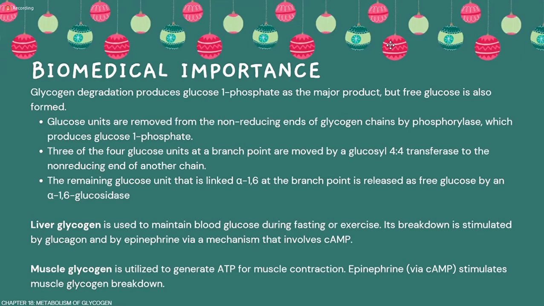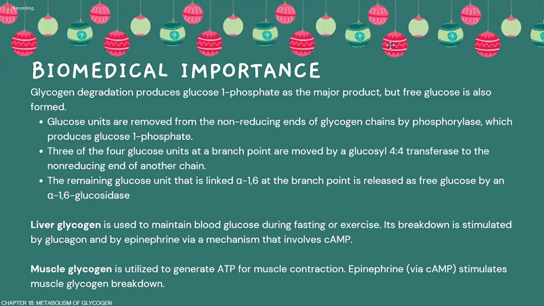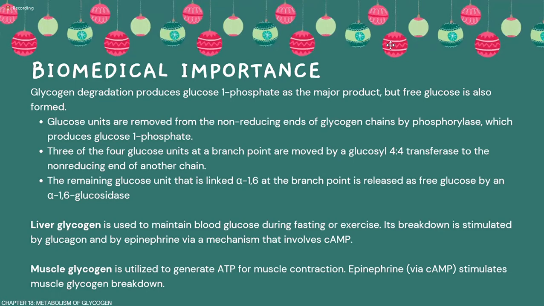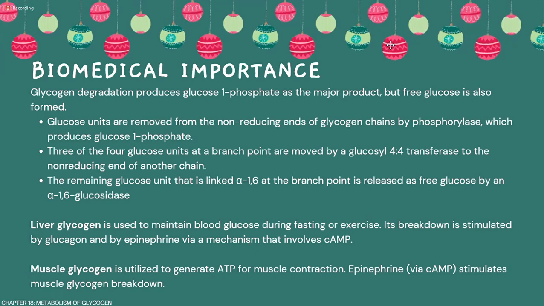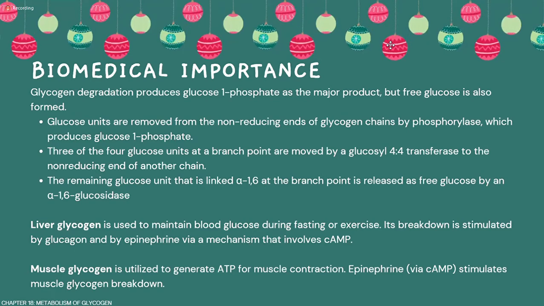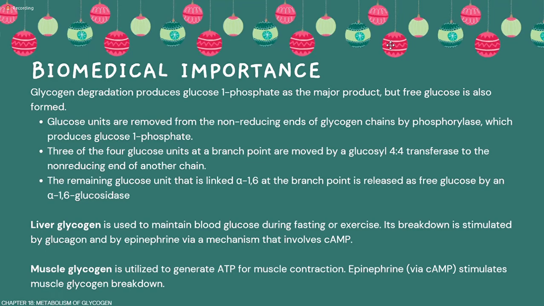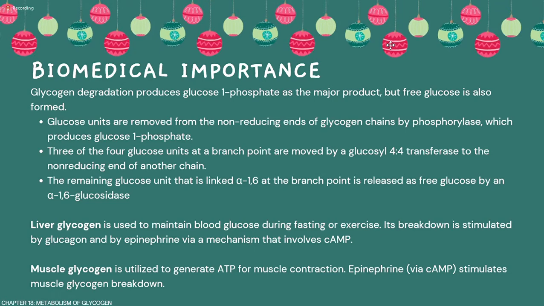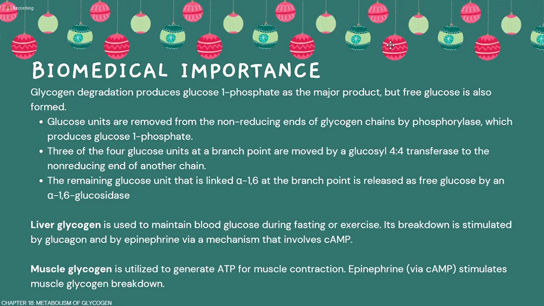Muscle glycogen is utilized to generate ATP for muscle contraction. Epinephrine stimulates muscle glycogen breakdown. So remember, epinephrine stimulates muscle glycogen breakdown. Another name for epinephrine is the fight or flight hormone.